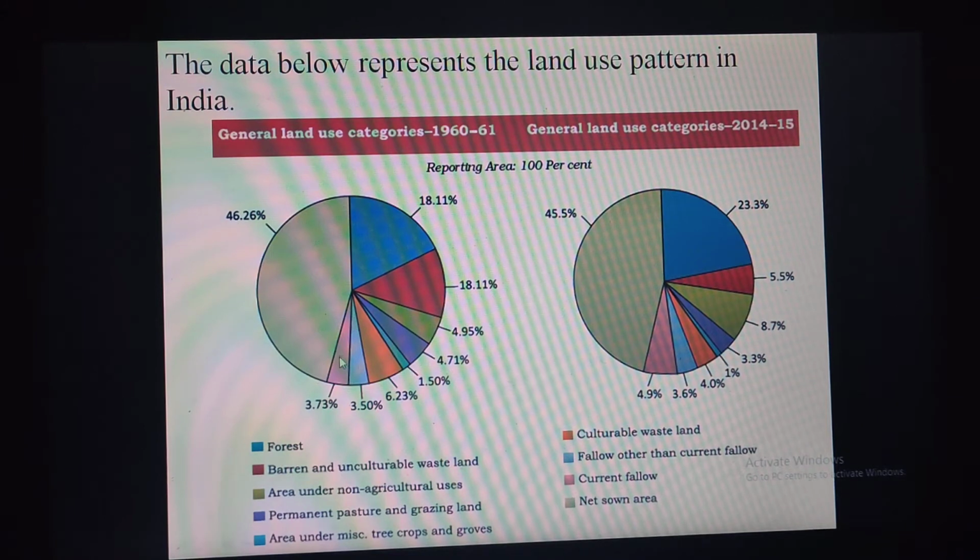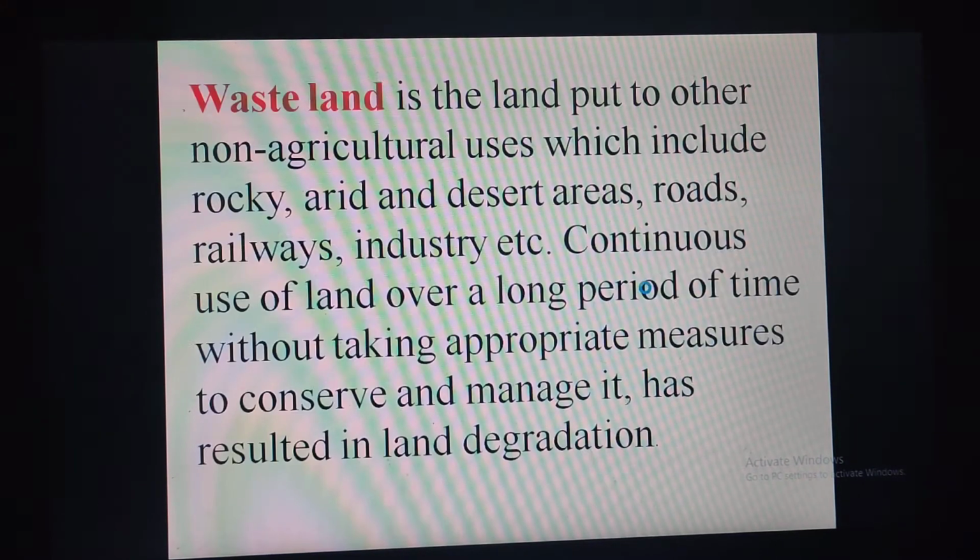The current fallow was 3.73%, whereas in 2014-15 it has increased a little bit to 4.9%, whereas the net sown area was 46.26%, which has decreased to 45.5%. Here you can see the comparison between these years. Let us move forward.